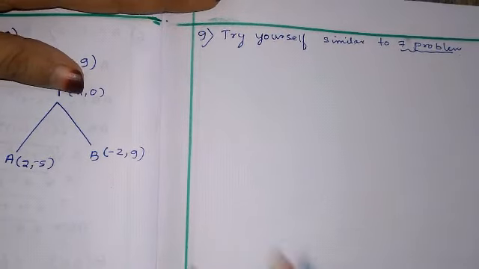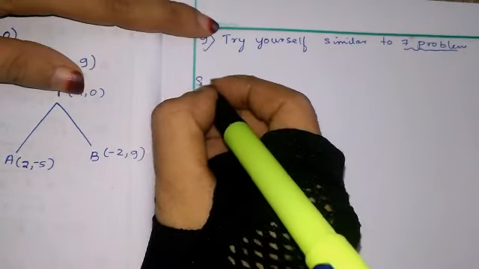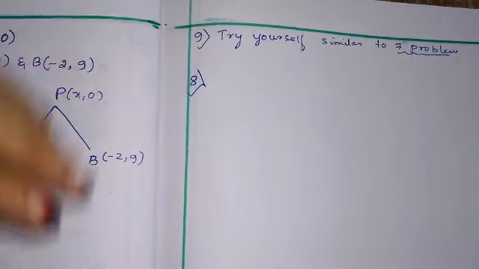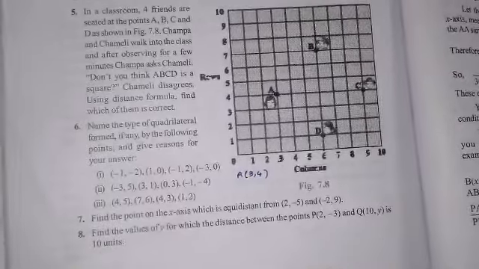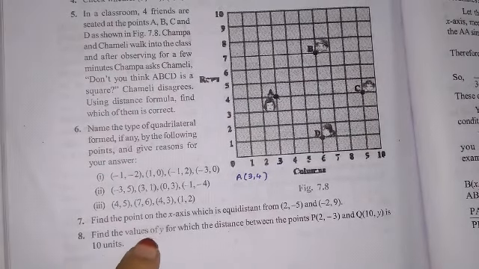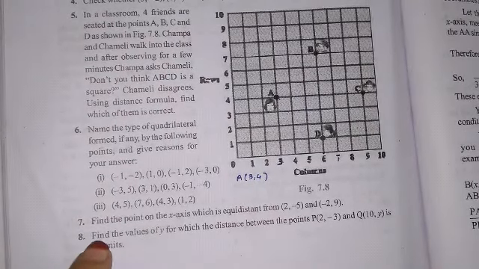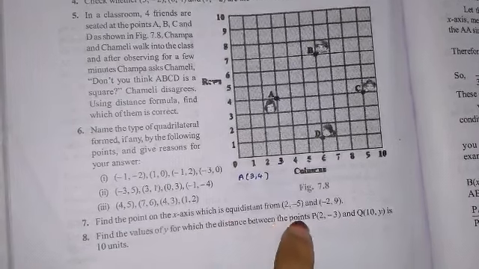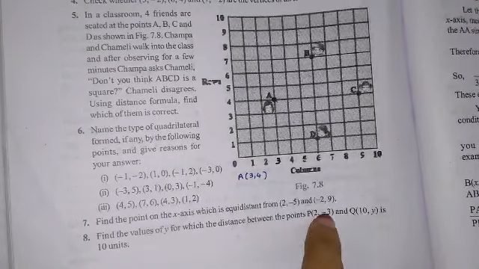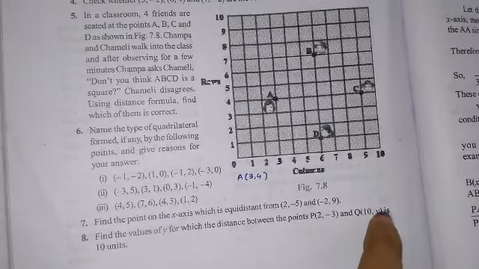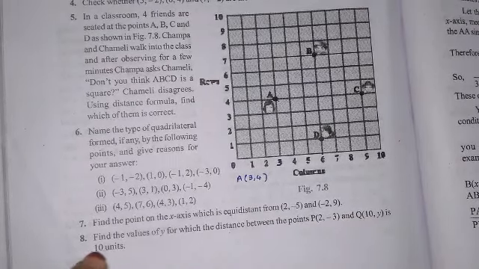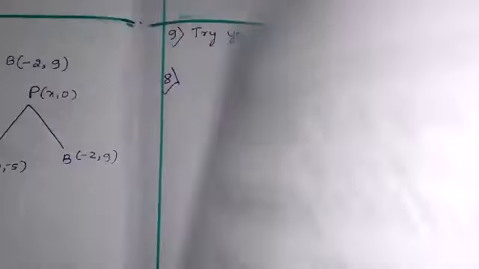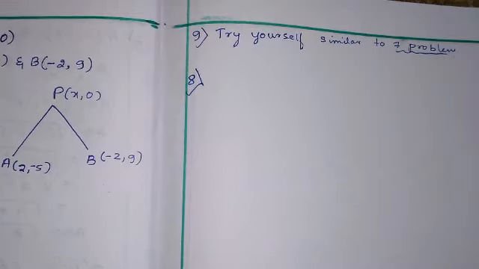Now let me do the problem number 8. Okay, problem number 8. Let me show you the question. Find the value of y. This is the important problem. Find the values of y for which the distance between the points P(2, -3) and Q(10, y) is 10 units. Means distance they have given 10 units. So we have to find. Okay. Let me find.